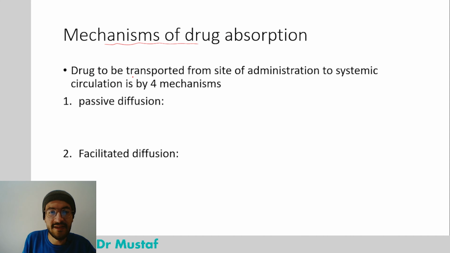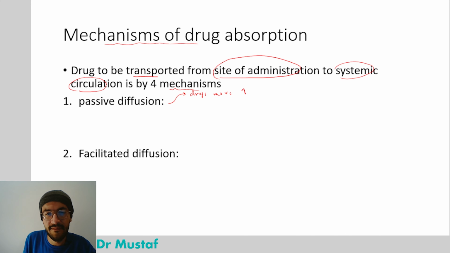The drugs are transported from the site of administration to the systemic circulation by four mechanisms. The first one is passive diffusion, and this is the most common one. Passive diffusion is when drugs move from the higher concentration into the lower concentration.